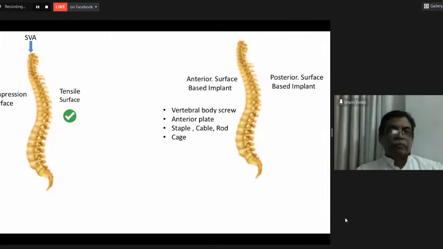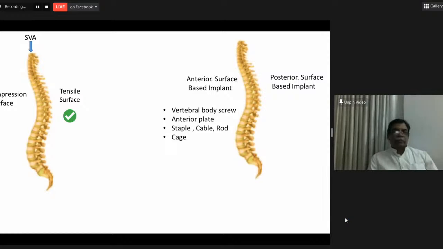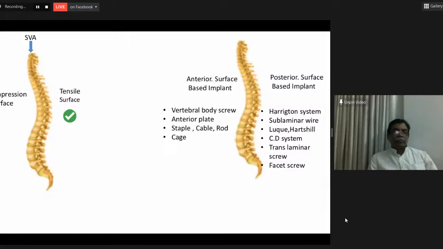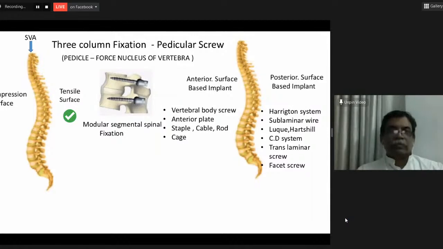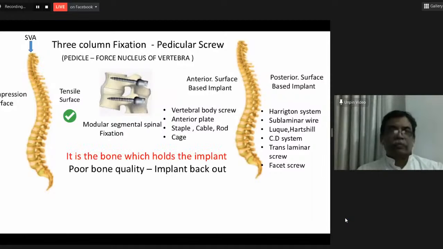In anterior based implant, you can have a vertebral body screw, anterior plate, stable cable and rod, and cage also. In posterior based implant, there are many systems. You can have a Harrington system, sublaminar wire, Luque and Hartshill, CD system, translaminar screw, and facet screw. But development of the pedicular screw gave the idea of 3 column fixation. So pedicle is the force nucleus of the vertebra.